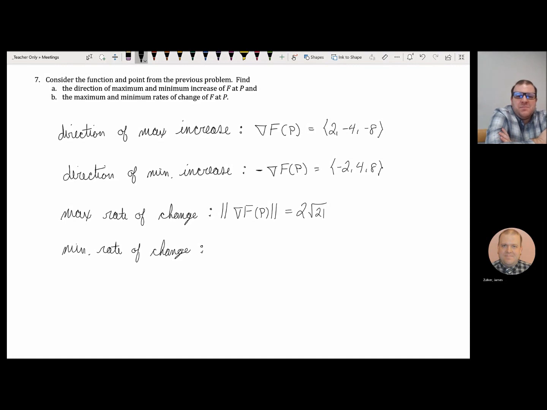What do we think for the minimum rate of change? Negative 2 square root of 21.